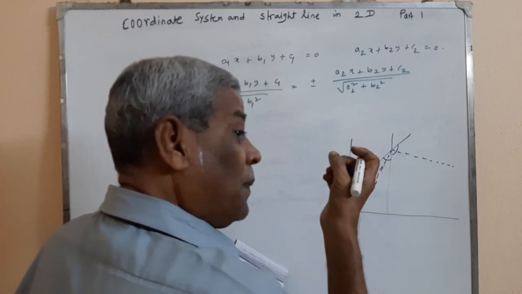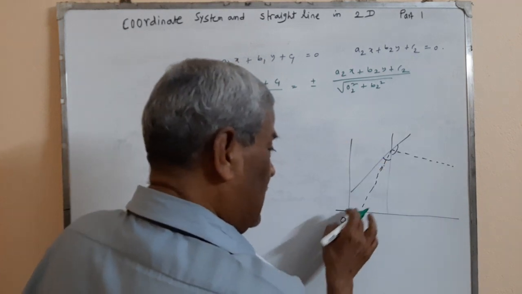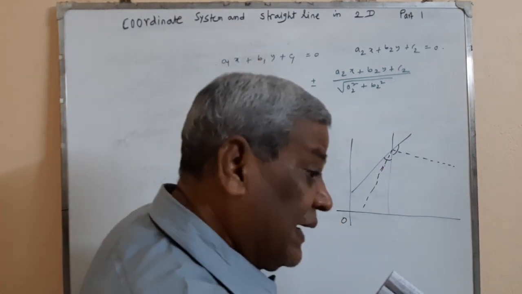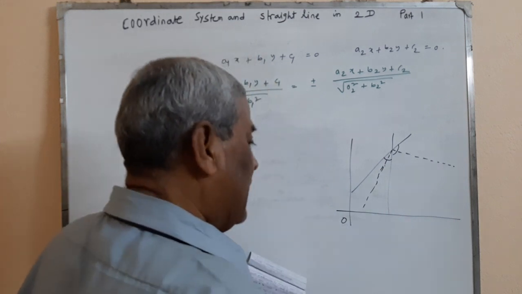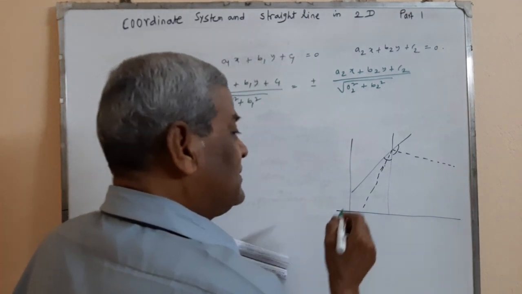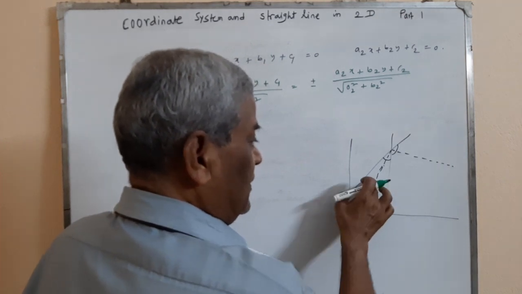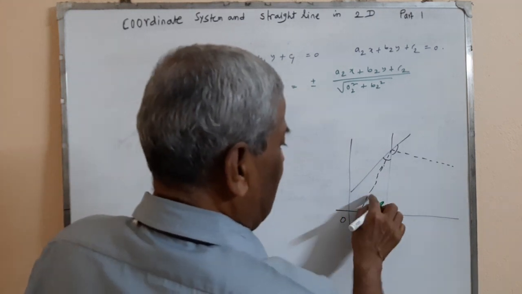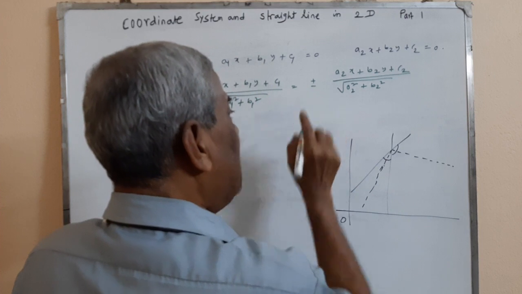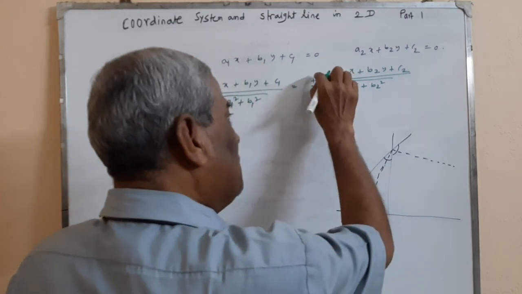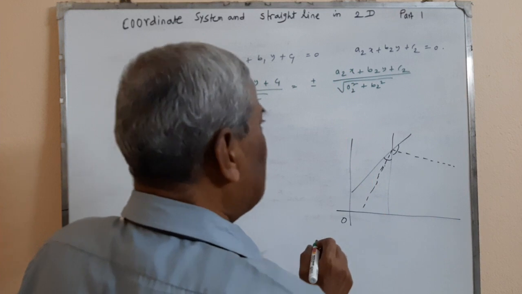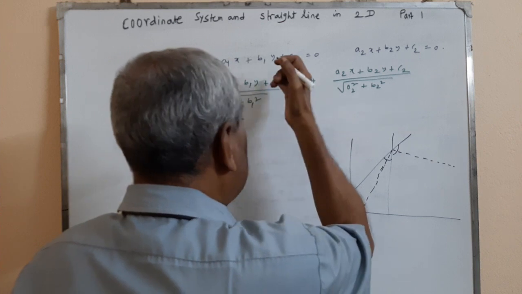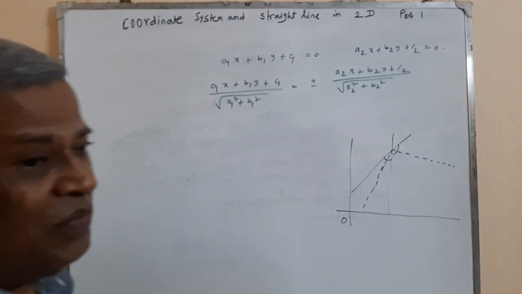Which one is the equation of the bisector containing the origin, or which one is the equation of the bisector of the acute angle? Not yet defined. Now I define it. Suppose this angle contains the origin. For its equation of bisector, we have to choose the sign plus or minus so that the sign of the constant terms from both sides becomes the same.